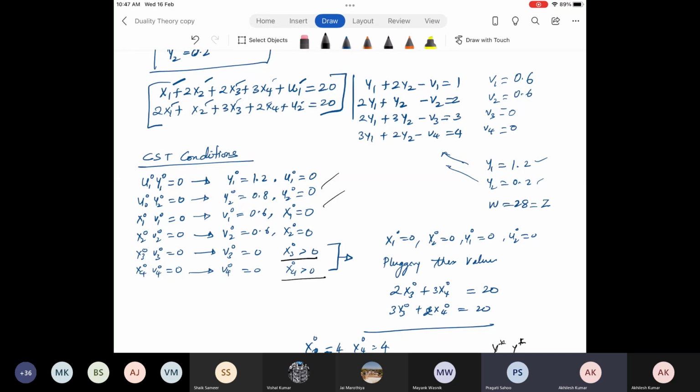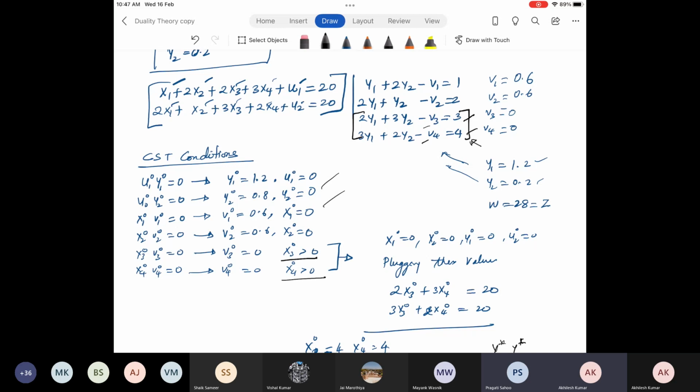That means v3 and v4 will be 0. Make sense? So, if a primal variable is greater than 0 or positive, then corresponding dual constraints are active constraints. The solution lies on those constraints.